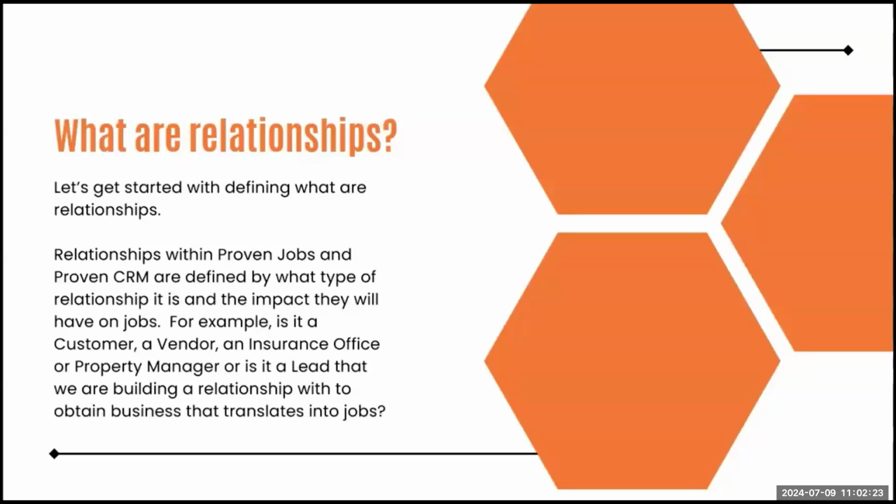Or is it a lead that we are building a relationship with to obtain business that translates to jobs? How you add these relationships to jobs in Proven Jobs with the correct types will not only impact if the salesperson is to get credit for the job in Proven Jobs and the CRM, but also other areas within Proven Jobs such as reporting or custom forms.